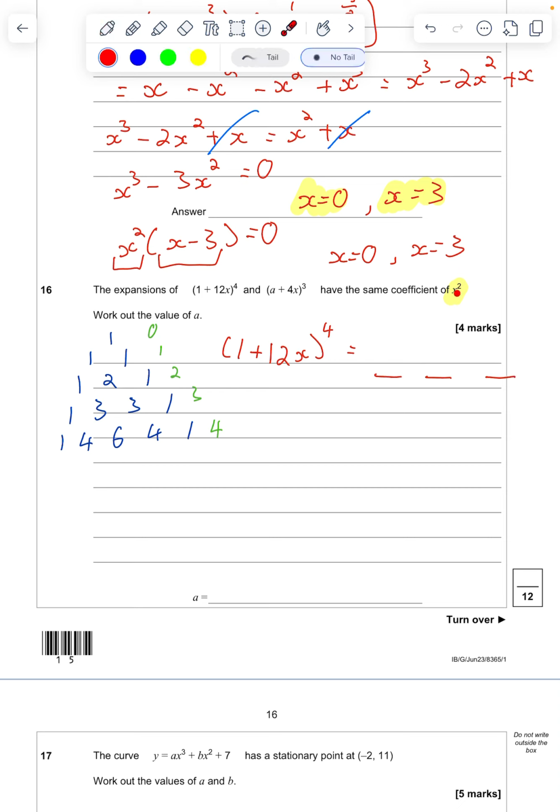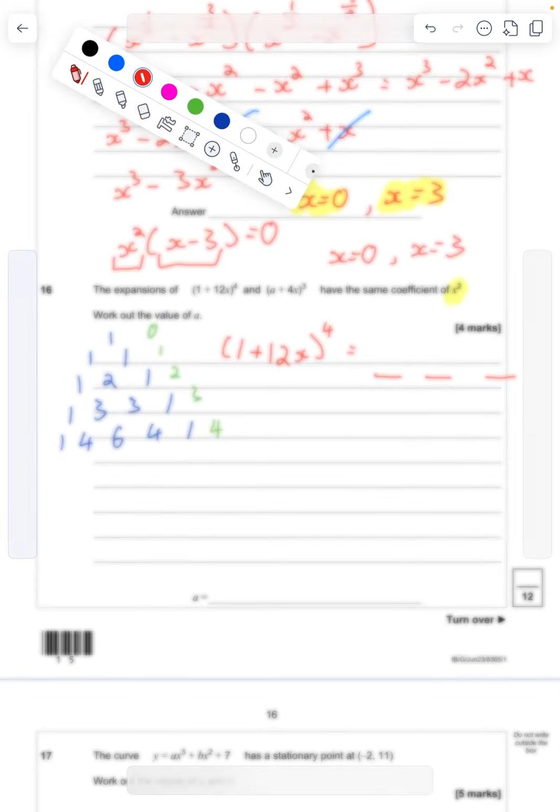Now, when this is squared, you need to bear in mind, the first part here is 1. The first part is when it's going to be 1 to the power of 4, or in other words, when x would be power of 0, and then x increases by 1, so x would be 0, x would be 1, x would be 2. So you want this part of it. So your coefficient is going to be the 6 going in over here.